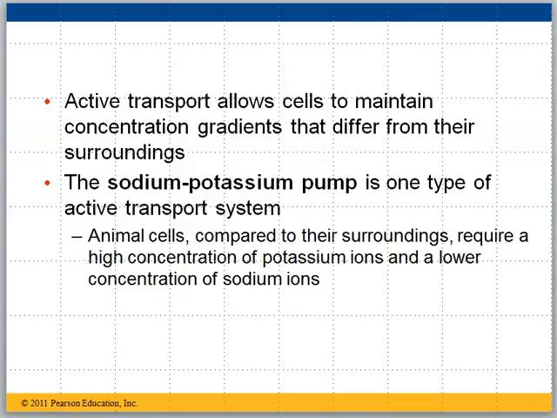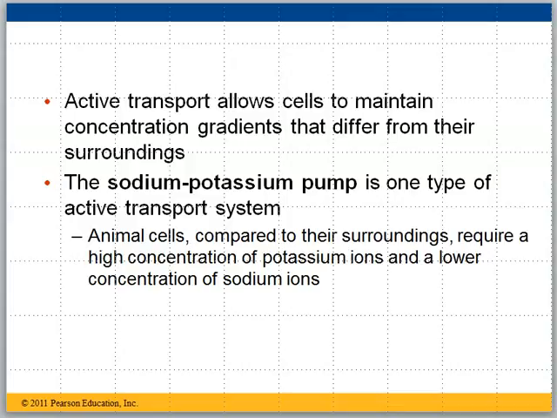In other words, this allows the cells to maintain an imbalance that is desirable or an imbalance that is necessary. And to do that, they have to have almost like a pump system of some way. And one of the carrier proteins that's most well known is called the sodium-potassium pump. It's one type of active transport system.